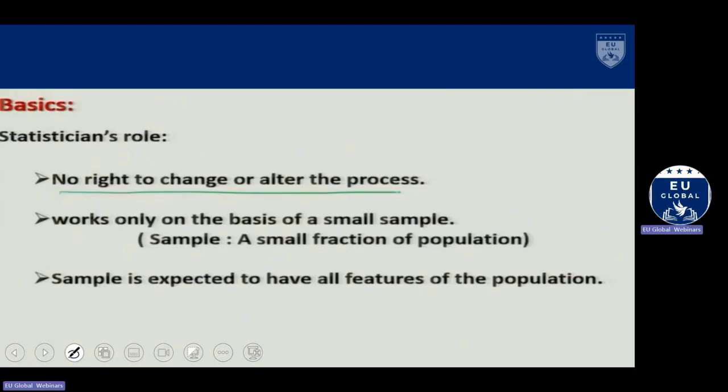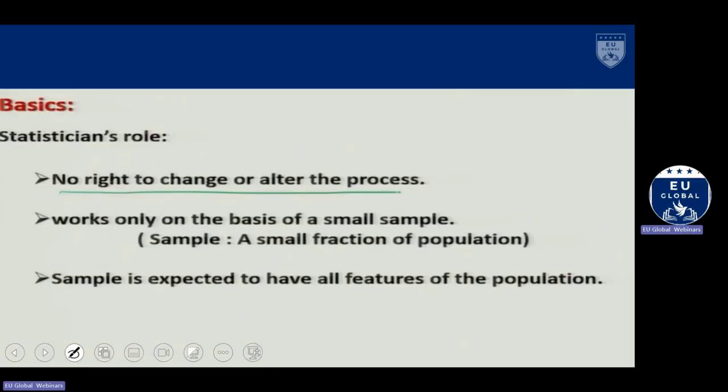Now, what is a sample? A sample is a small fraction of the population, right? A sample is expected to have all the features of the population. Suppose we have a medicine and we take some samples of that medicine. Now we find that people in America take it in a way that controls the temperature for 8 hours, whereas in Europe the temperature is normally controlled for 4 hours.